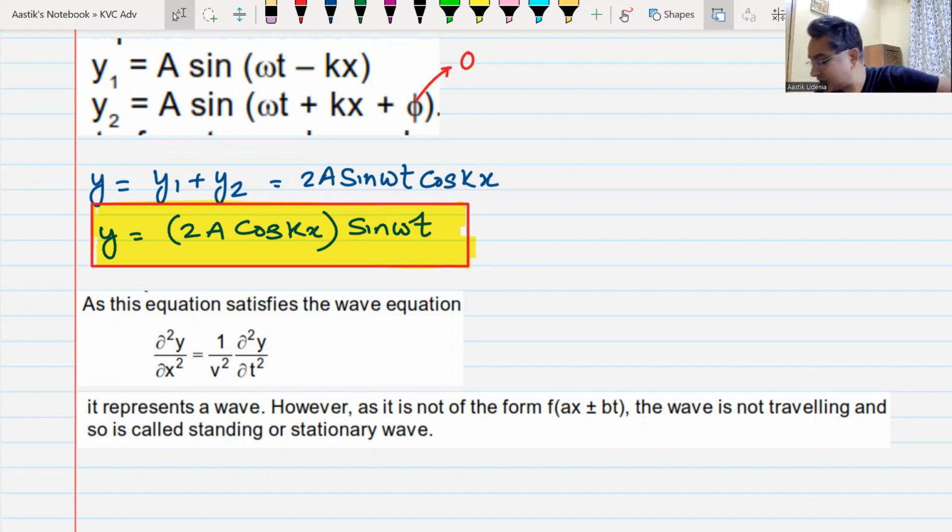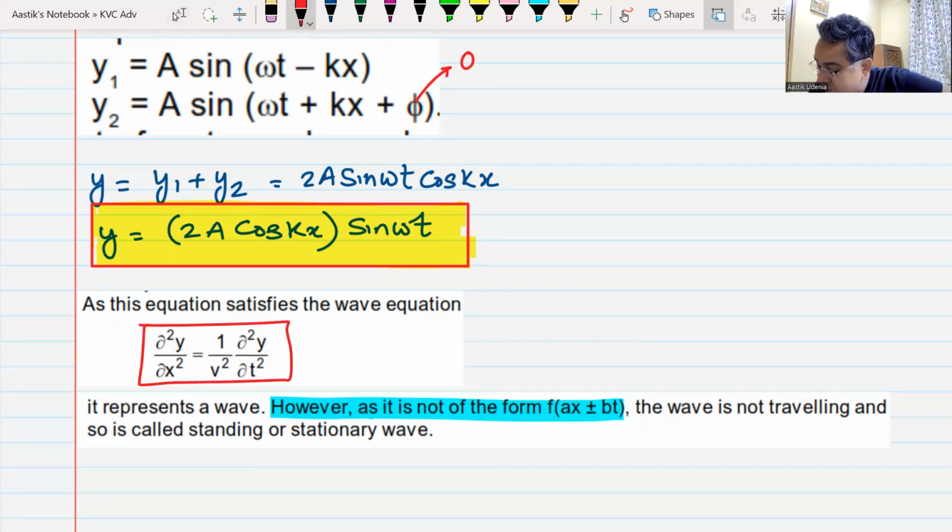But this is a stationary wave. Do we understand this? Yes, or has it gone above our head saying bye bye? It satisfies this equation, therefore it is a wave, but it is not in the form of function of x and t, and therefore it is not a traveling wave. Do we understand this?